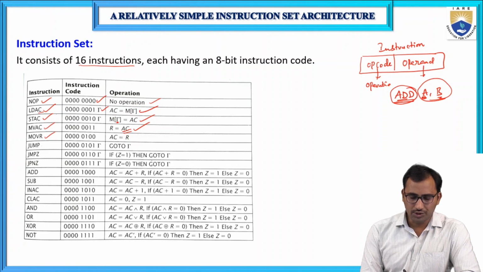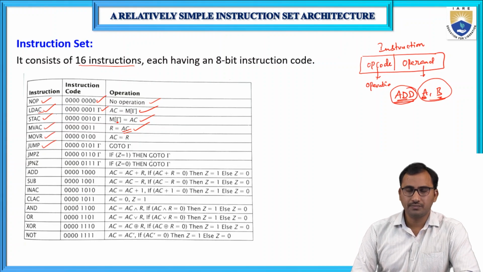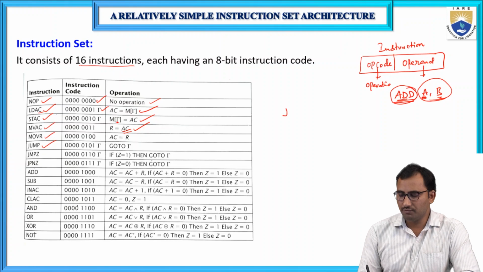Let's move on. JUMP is an unconditional branching instruction. That means by executing this jump instruction, the program control will be transferred to a new address instead of going to the next address. Suppose you specify JUMP 5000.